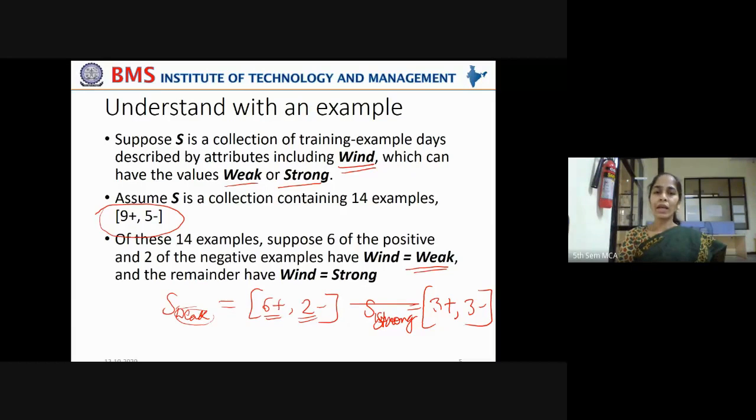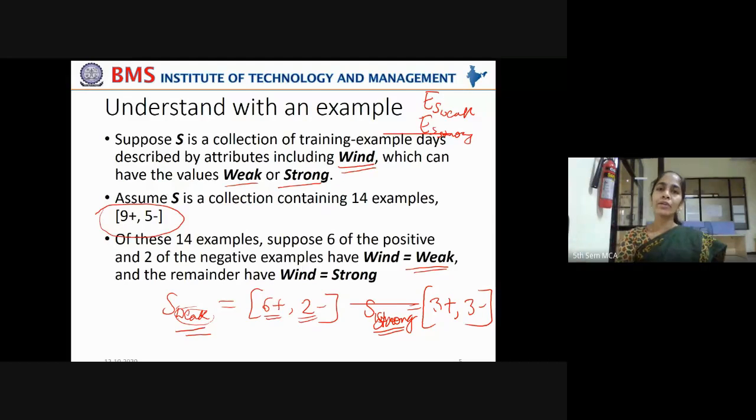Now you have to calculate the entropy for this wind attribute for all the possible values. First you have to calculate for S weak and S strong, then use that entropy in the information gain so that it will calculate the information gain for the attribute wind. What I'm telling is, first you have to calculate the entropy for S of weak, then calculate the entropy for S of strong.